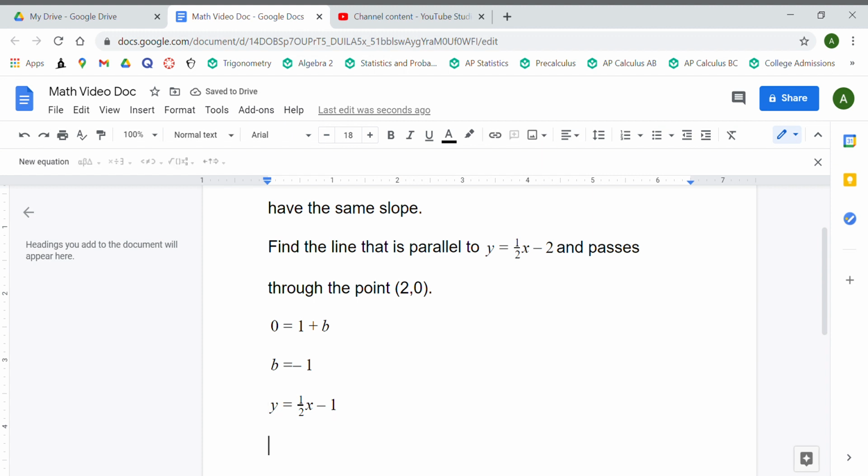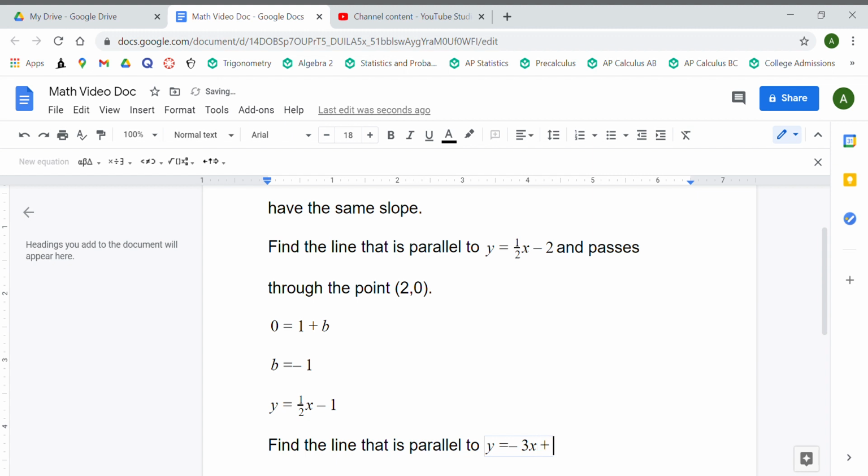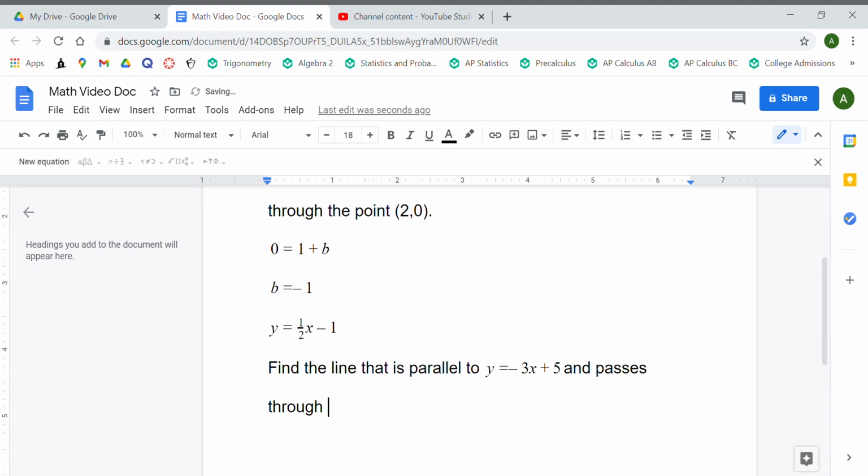Why don't you try one on your own? Find the line that is parallel to y equals negative 3x plus 5 and passes through the point (-2, 3).